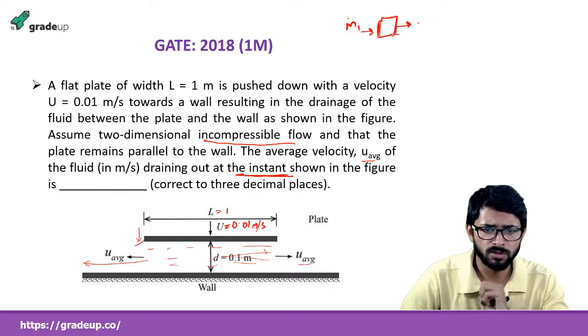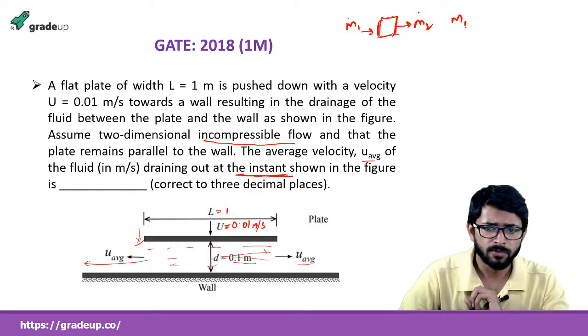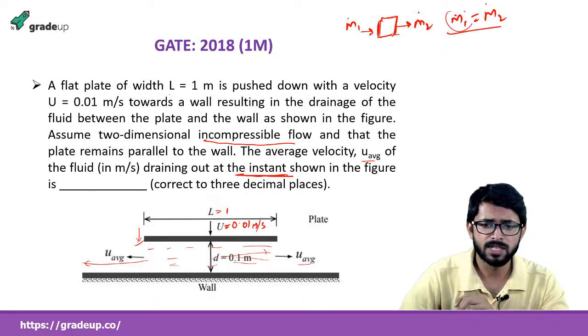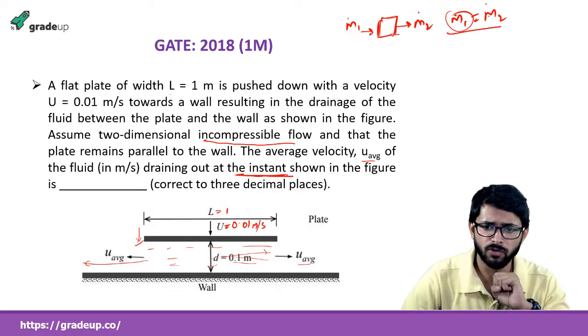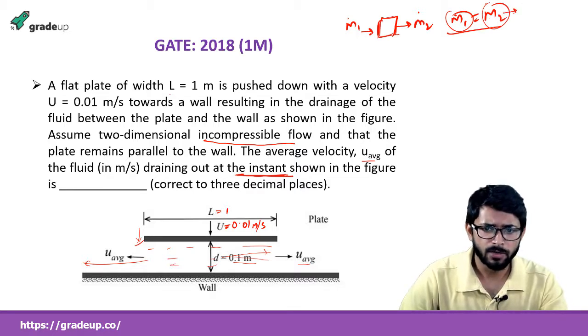The continuity equation states that when the flow is steady, the rate at which mass m1 moves into a control volume will come out at the same rate, m2, from the control volume.